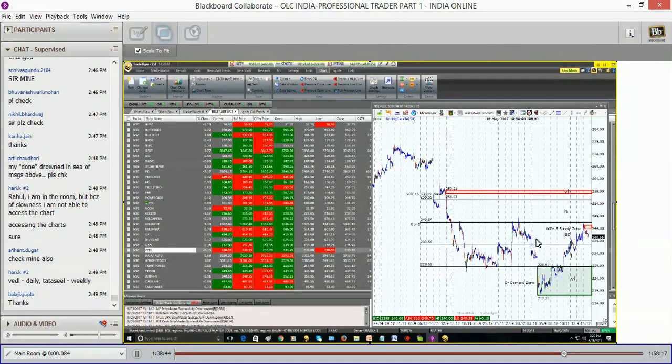Absolutely correct, Hari. That's what we're looking for. Yes, Nikhil, now the smaller time frame, please. So I'll be expecting Minu's mail and Hari's mail with respect to these two.